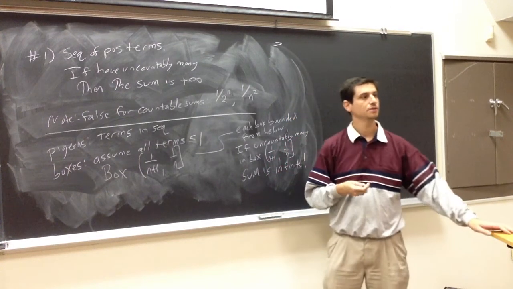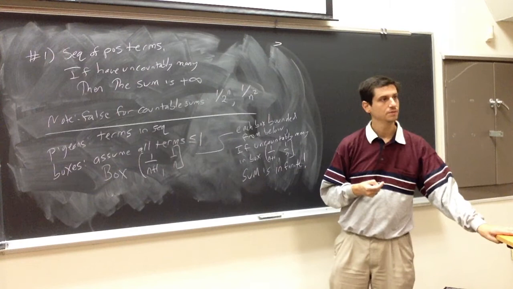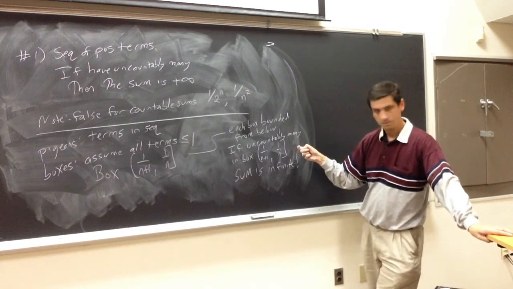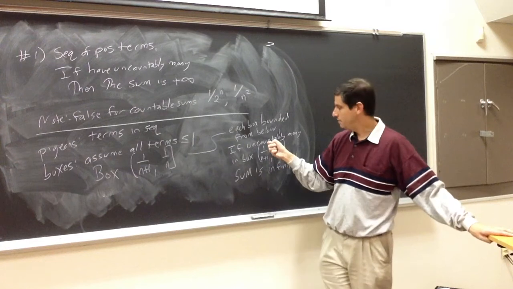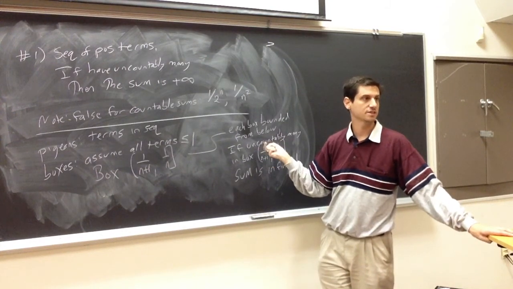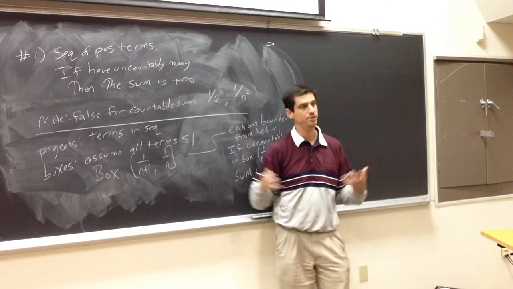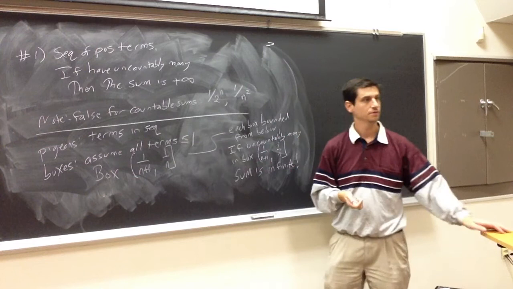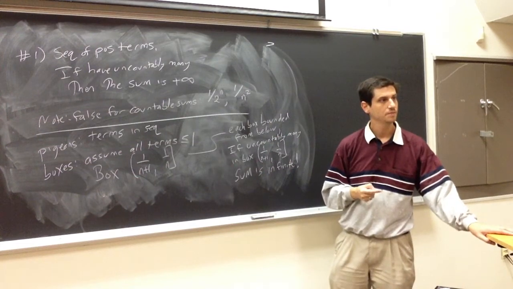This might be a technicality, but how do we know the sum of uncountably many of those things in that box diverges? Well, everything in the box is at least 1 over n plus 1. I have infinitely many things. Even if I only take countably many of them, even if I just take a subset of them, it has to diverge.